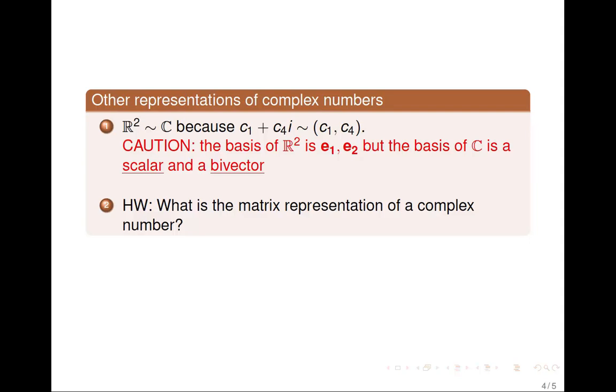R square is not the same as C because the basis of R square, as we know, is E1 and E2, the unit vectors along the x direction and the y direction. But the basis of C is a scalar and a bivector. And this is a very important distinction between complex numbers and numbers on R square.